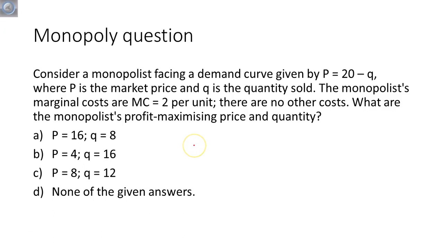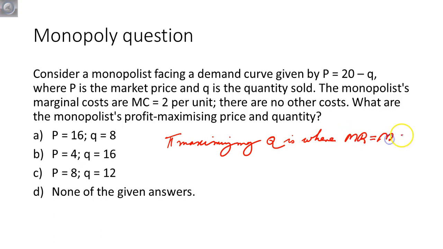Okay, you already know before you go any further that the profit maximizing output is where marginal revenue equals marginal cost. Okay? That's that. We know that before we go anywhere else.